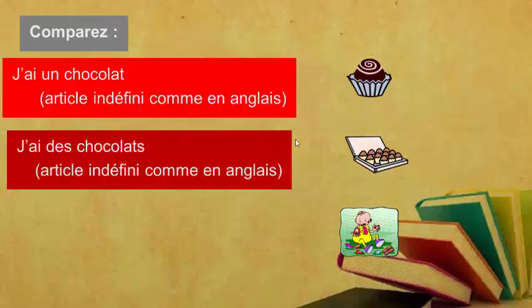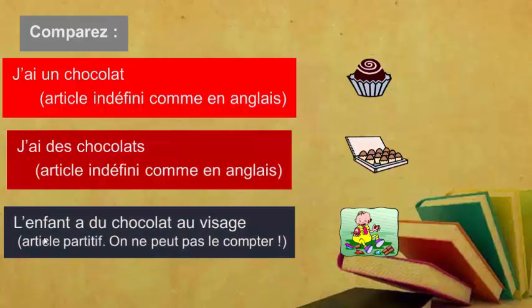What if you can't count, or you're talking about the quantity? Here in the picture, l'enfant a du chocolat au visage. He was playing with the chocolate and then he smeared his face.